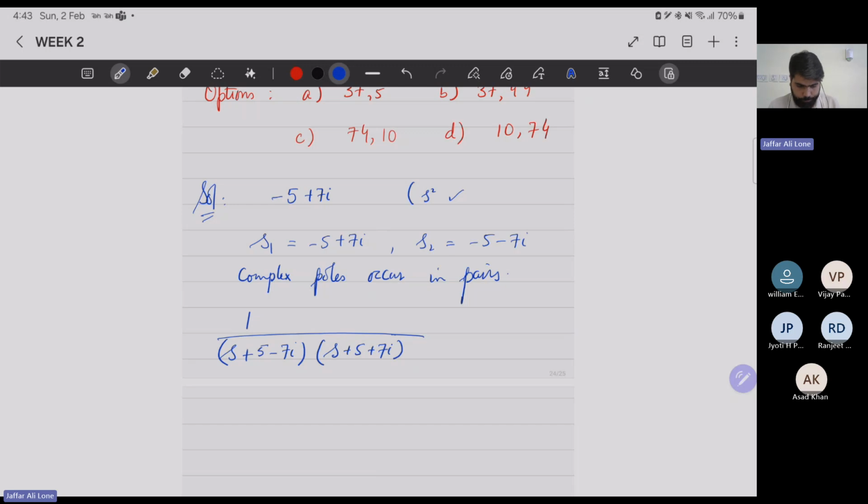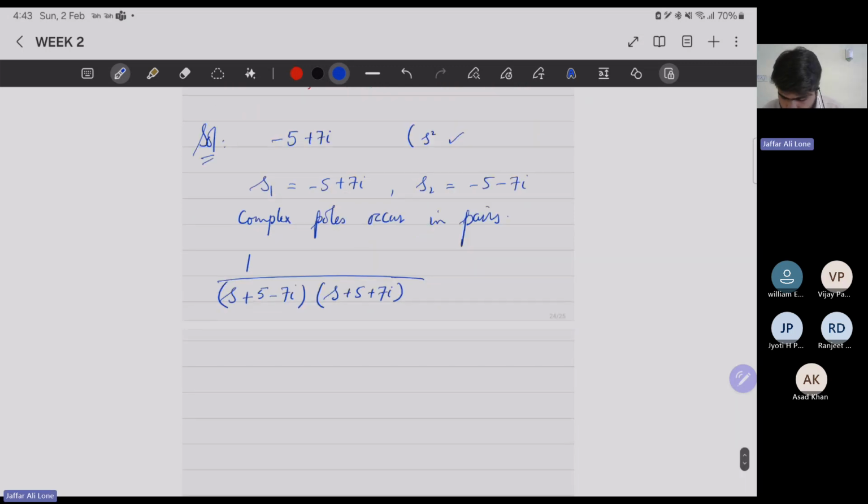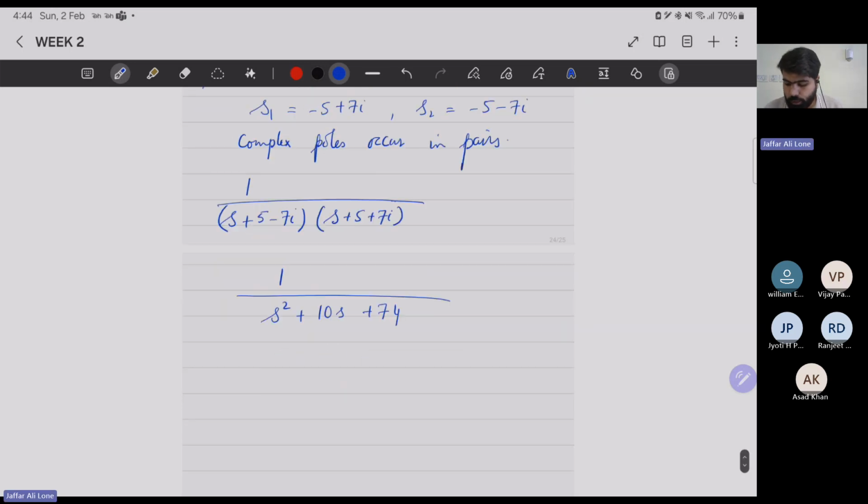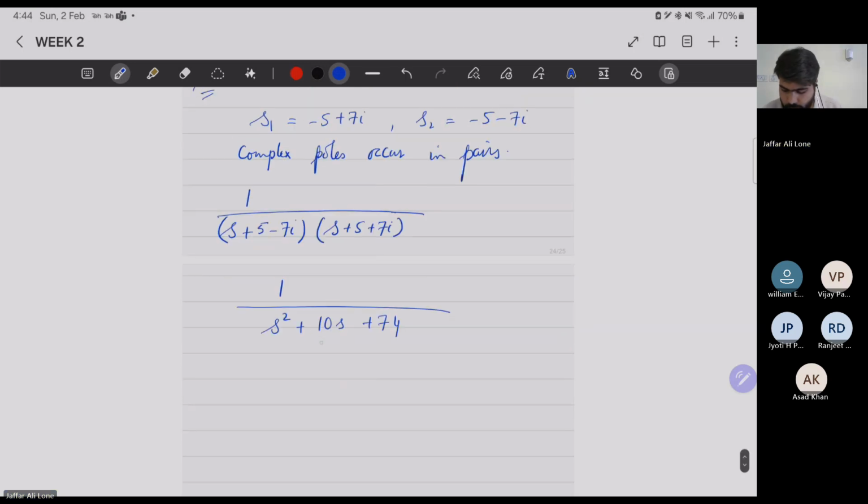Multiplying this out, you will get 1 over s squared plus 10s plus 74. So clearly we can see this is a and this is b. This was a very simple question. The only thing you have to do is use the concept that complex poles occur in pairs, and then you can solve this.